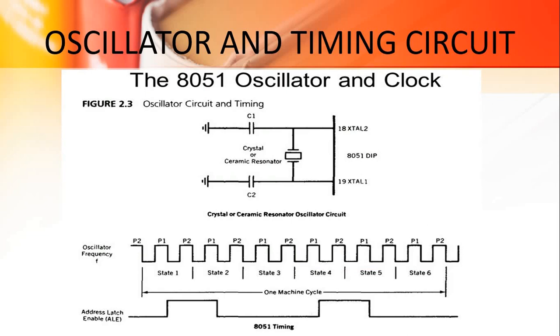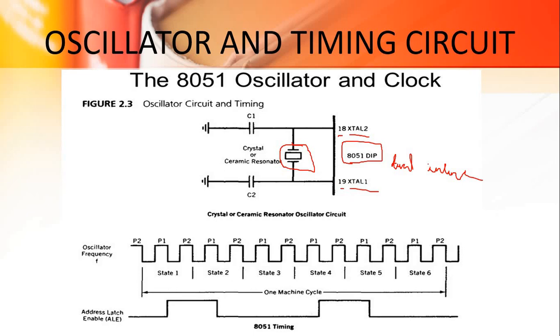Next, the oscillator and timing circuit, that is the oscillator and clock. Here we have a resonance circuit, a crystal oscillator, or a ceramic resonator. Pin 18 is XTAL2 and pin 19 is XTAL1. The 8051 DIP is a dual inline package.